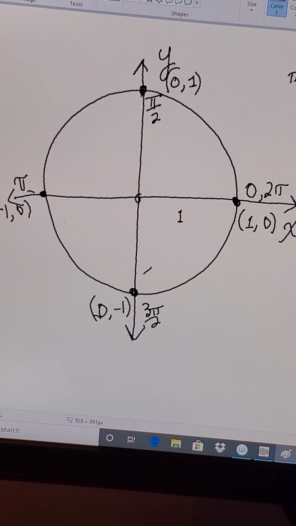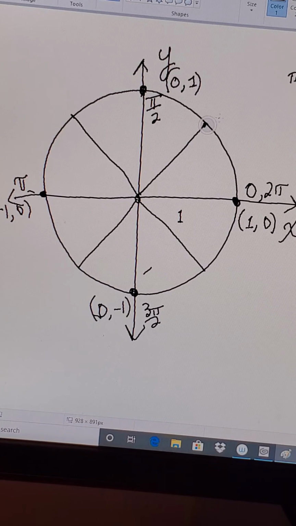Now we will do the other easy ones. The other easy ones are the fourths. Basically, in the middle of all of these, because the goal is that eventually you would take a blank piece of paper and draw your own circle, so you can have it as a tool all the time.